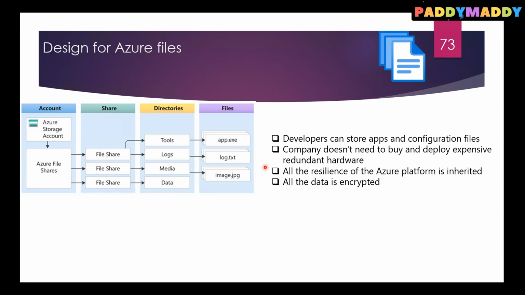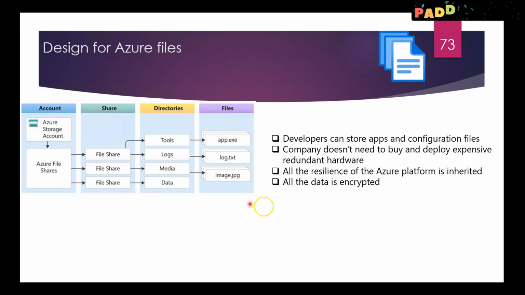You also have the resilience of the Azure platform, which makes your file share globally redundant. On top of it, you can configure automated backup or snapshots using a service called Azure Recovery Services vaults.